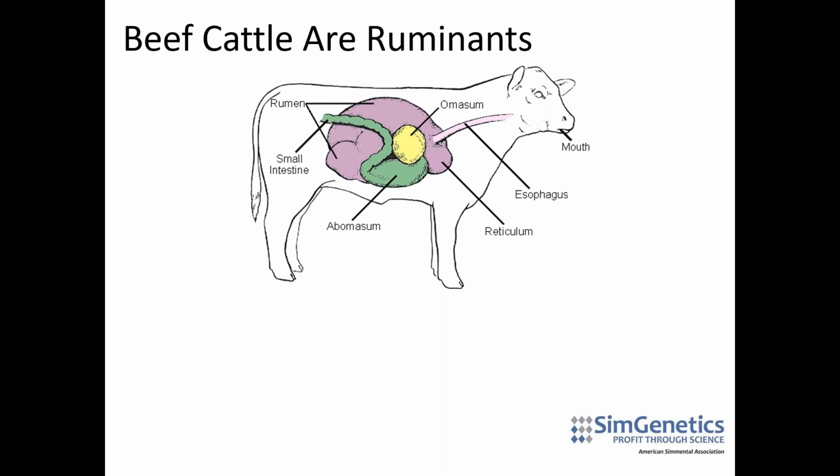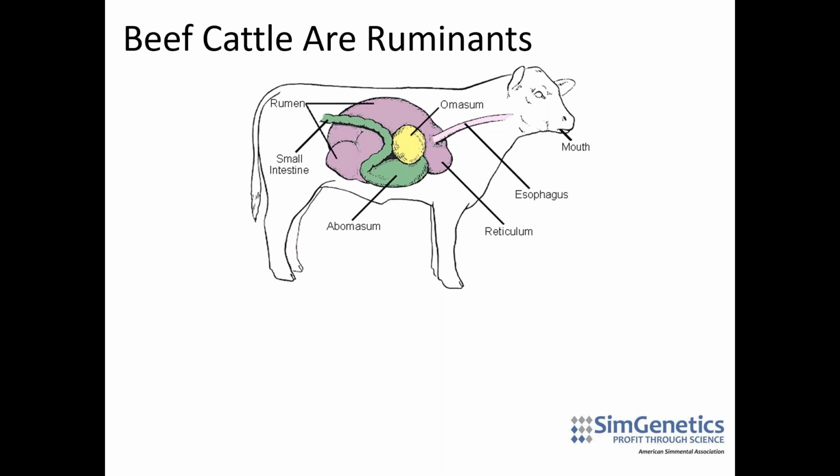But those microorganisms in the rumen allow ruminant animals like cows and sheep and deer and elk and moose to eat feeds that those of us with simple stomachs, like pigs and us humans, just can't do a good job of digesting, because we aren't set up the same way with that rumen microorganism group of helpers in our gastrointestinal tract.